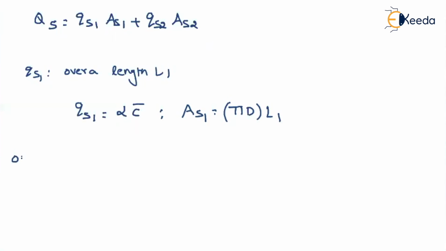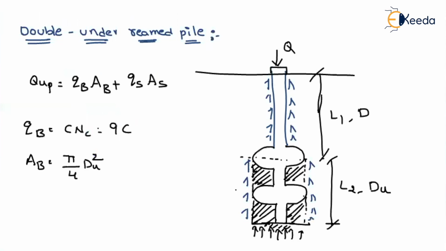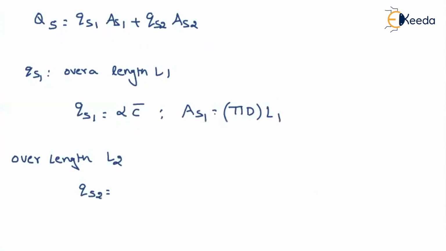Similarly, over length L2, what about the frictional resistance qs2? Here, soil and soil are in contact. This is also soil, this is also soil. As we are talking about only one material, alpha will be equal to 1, so it will simply be C bar. What about the circumference area? It has an enlarged shape with diameter capital DU, so the circumference length is pi into DU, over the length L2.